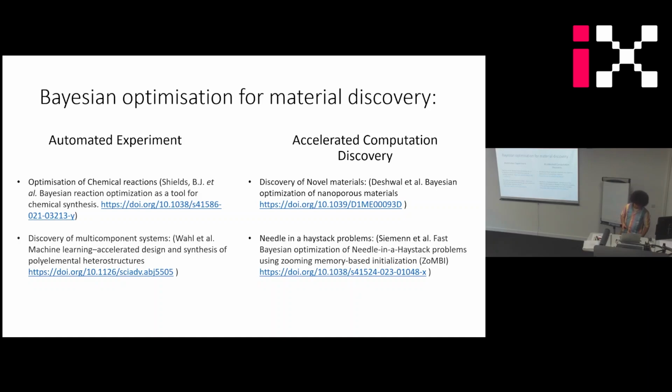And then, in terms of how you use Bayesian optimization for material discovery, you can use it to accelerate an automated experiment approach, where let's say you have a self-driving lab, a robot that has a certain number of possible things it can do to make the material that you want, like choosing amongst the different temperatures or the different solvents.